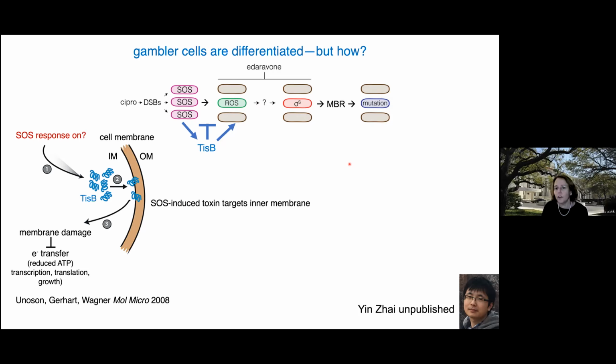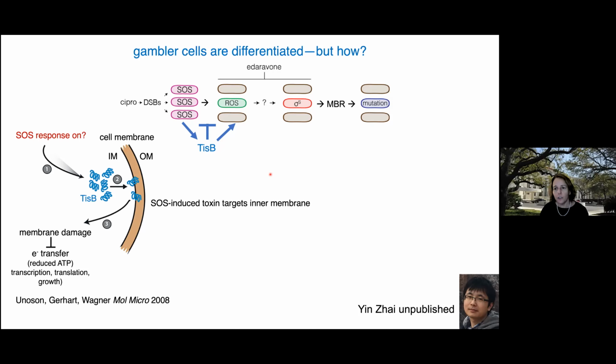So for me, the fundamental mystery is, why are all the cells doing something that's required, but only to make the next step, reactive oxygen, and only 30% of them do it? Yin followed the expression of this protein TSB in E. coli, and unpublished, he has demonstrated that SOS induces a broad distribution of amounts of TSB in cells, and there is in fact about a 20% subpopulation that has a lot.